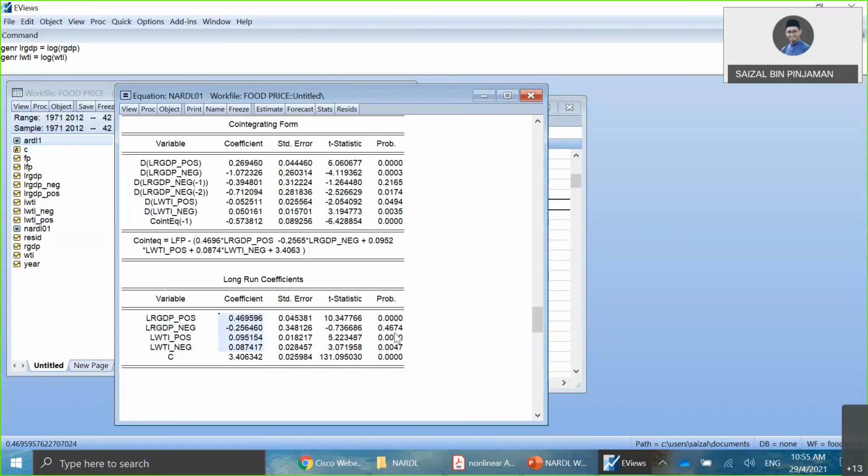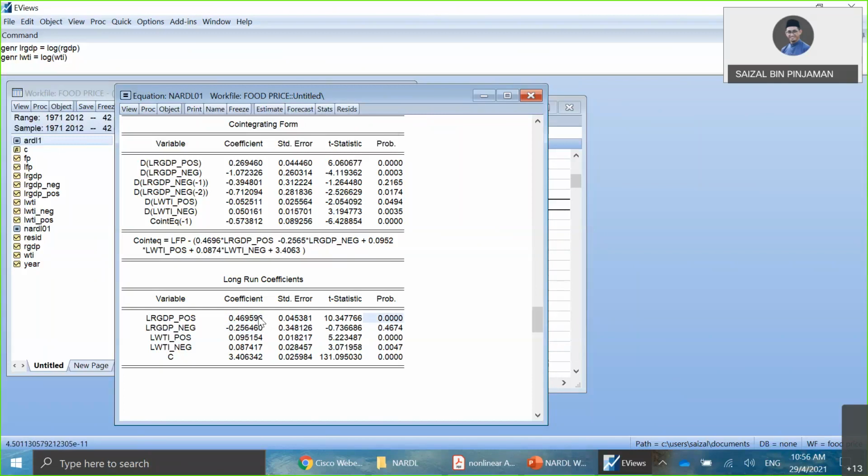Based on the probability value, we can see that positive gross domestic product is significant in influencing the food price, while negative gross domestic product is insignificant in explaining the food price. Here you can see that there is an asymmetry between positive and negative GDP because they present different significance towards the food price.